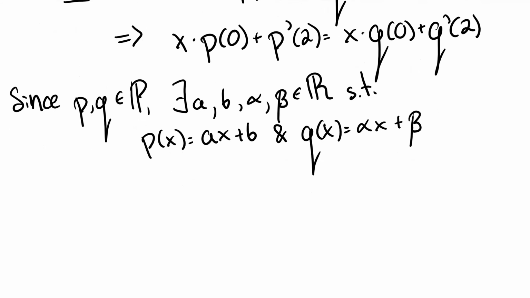Okay, so now let's plug and chug. So then x times b, right? Because that's when after you plug in that, and then plus P prime, that's just going to be a, so I don't even care what I plug in for that. Equals x times Q of 0, that's just beta, plus Q prime, that's just alpha.